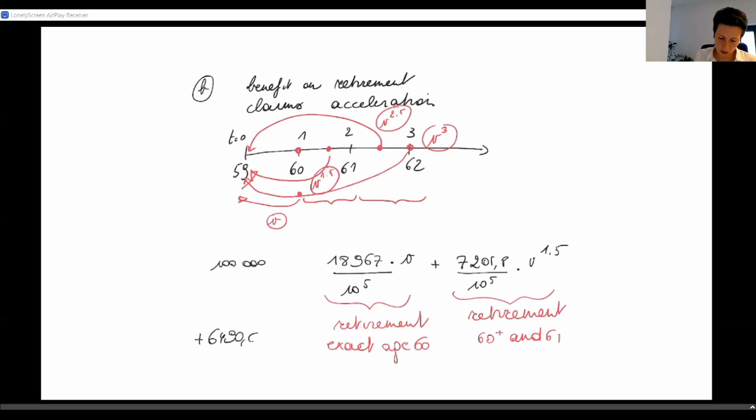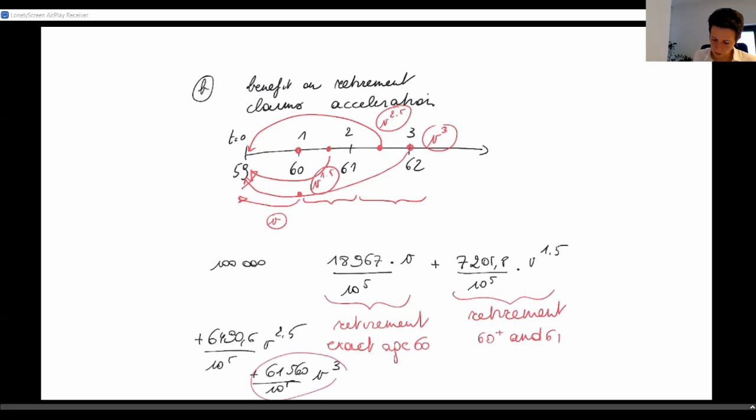And then I've got a retirement between 61 and 62. And then finally, I've got everybody retiring, or all the remaining employees retiring at age 62, right?